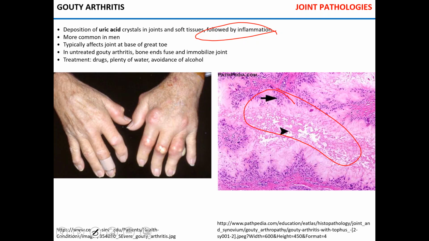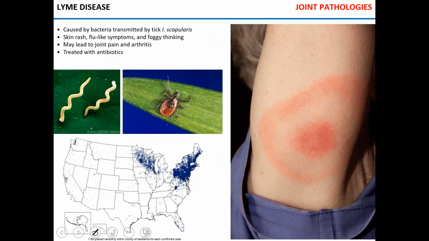If it's untreated, ends of the bones fuse and the joint becomes immobilized. Treatment: there are drugs against it. Avoidance of alcohol, since alcohol increases the deposition of uric acid in the joints, and drinking plenty of water to basically dissolve that uric acid and remove it by the kidneys.